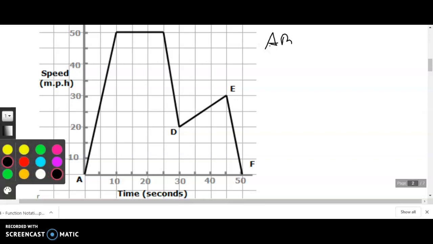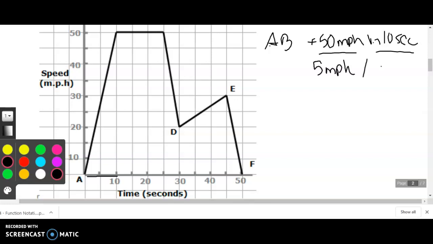So from A to B, the speed is increasing 50 miles per hour, but it's taking 10 seconds. So we can look at 50 miles per hour in 10 seconds, and we could say that is 5 miles per hour every second, right?